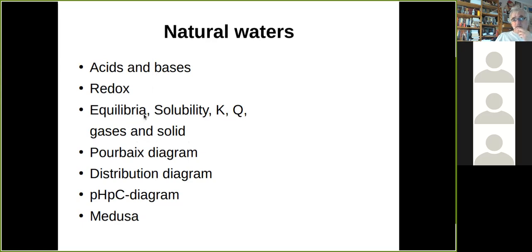This is traditional, in a way, acid-base chemistry. Sometimes the equilibria that you need to formulate are rather complicated, so it is useful to have graphical methods to get a better overview. These distribution diagrams and or pH-pC diagrams, preferably constructed with some computer programs. You don't need to struggle with that.